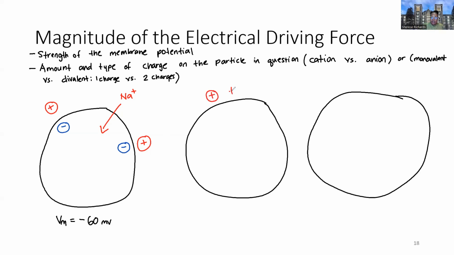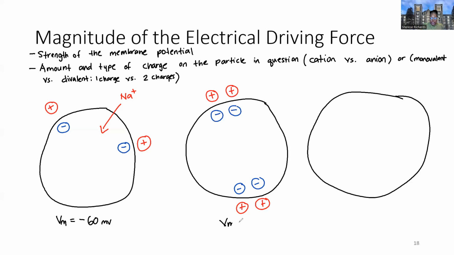So now we have even more positive charge, right? We have twice the amount of positive charge outside the cell, twice the amount of negative charge inside the cell, okay? And our membrane potential in this scenario is going to be exactly double.